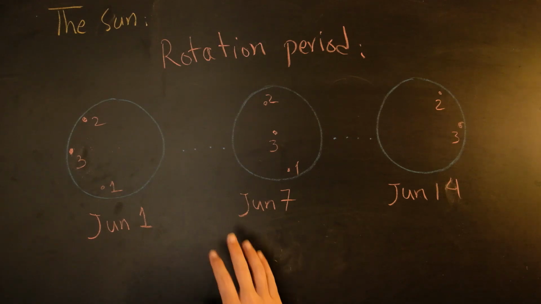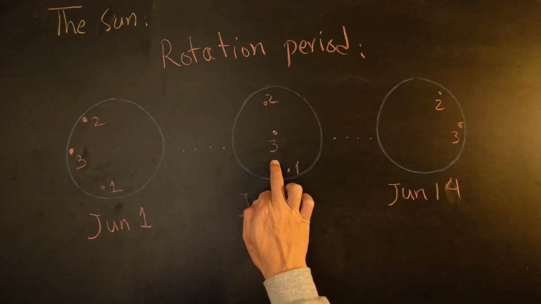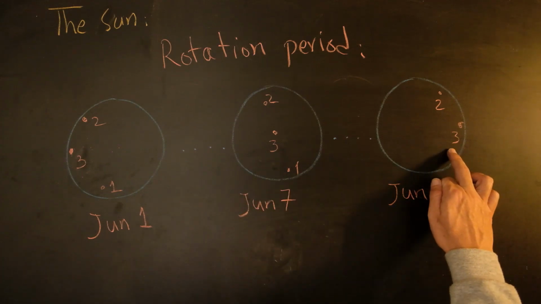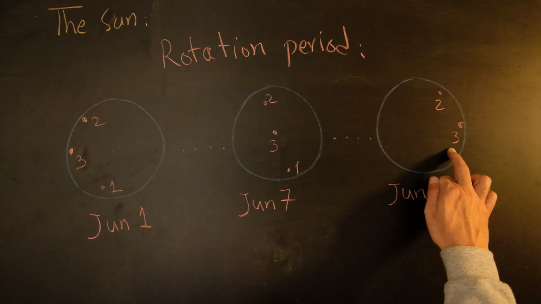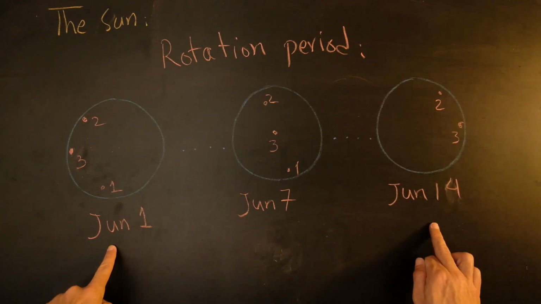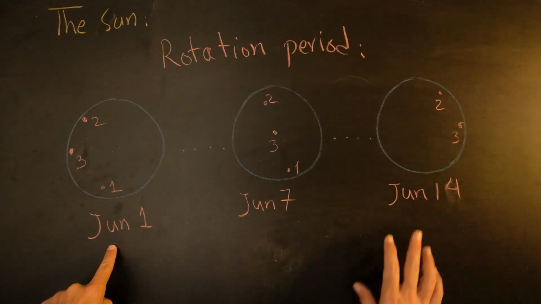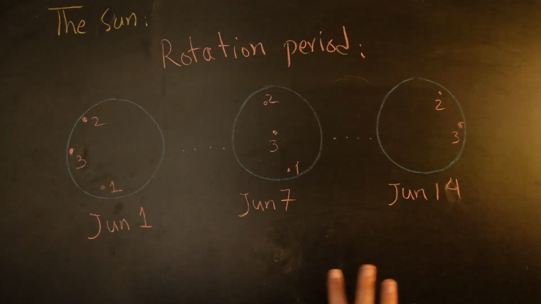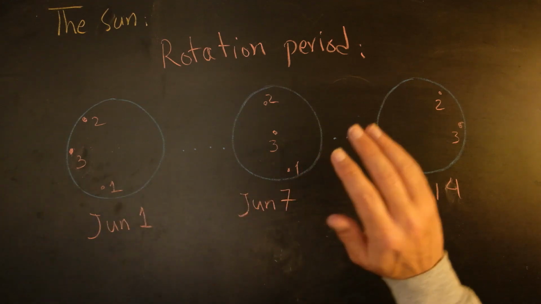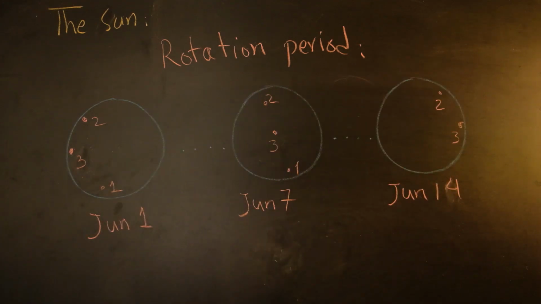Sometimes you can't find another image with this sunspot at the center. You find another image with this sunspot close to the other edge. Again, find the difference, which is 13 days in this case. But for this case, one edge to another edge is half rotation. You have the other side. So you have to multiply by 2.